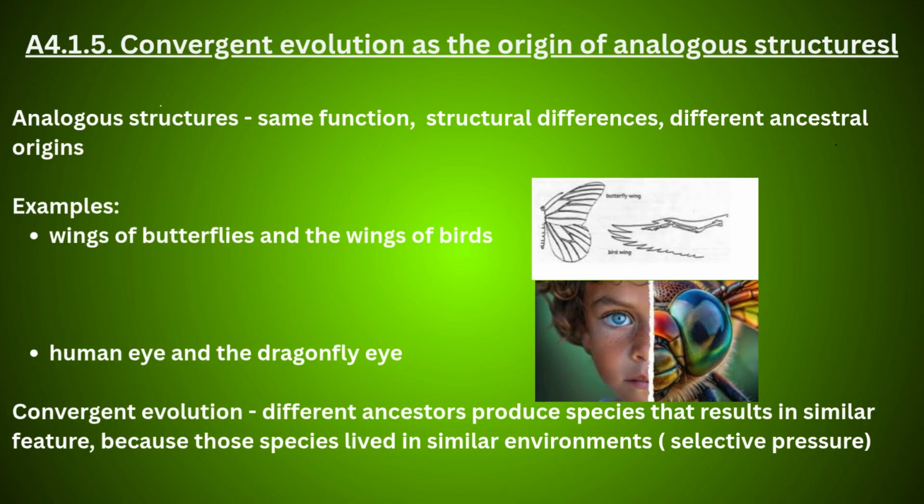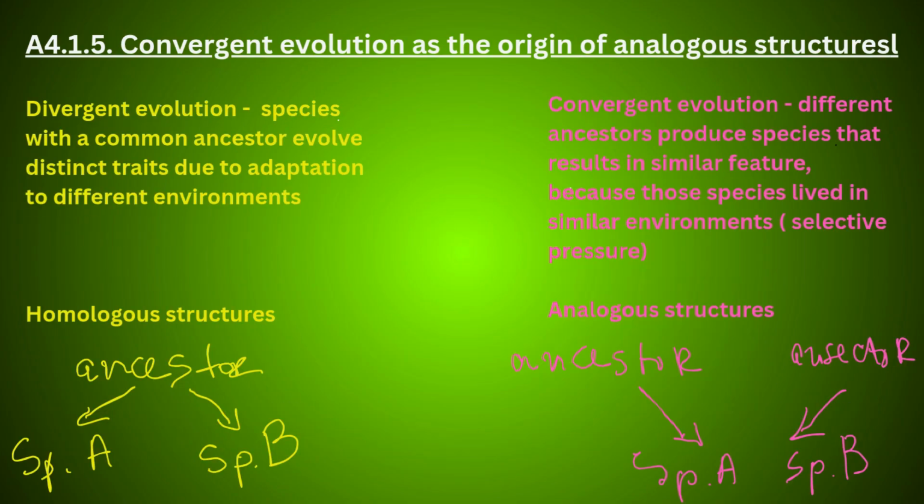differ so significantly. Divergent evolution describes how closely related species originally from a common ancestor evolve different traits over time due to varying environmental pressures, leading to increased differences among them.